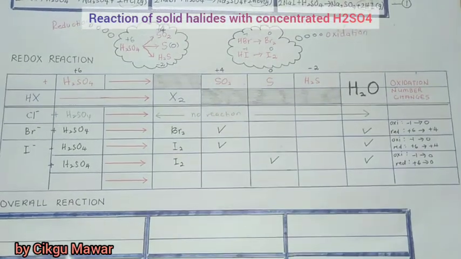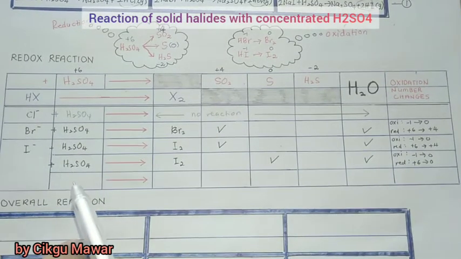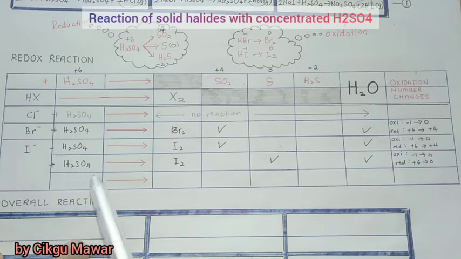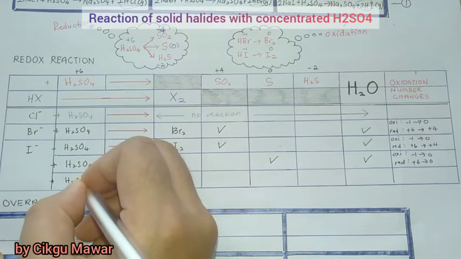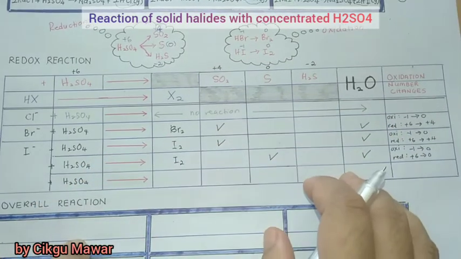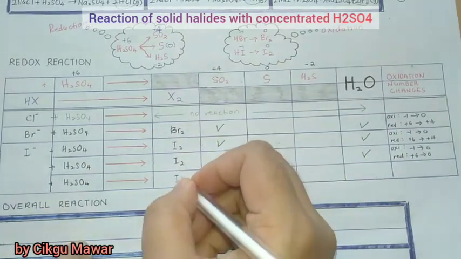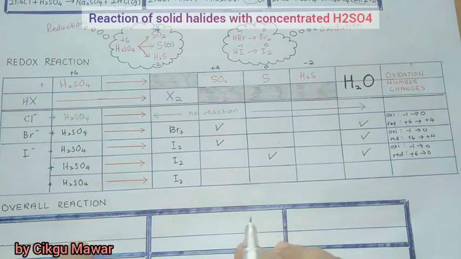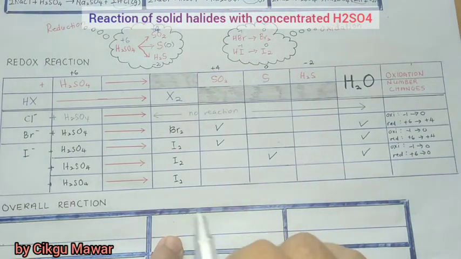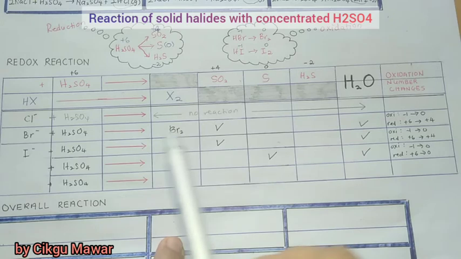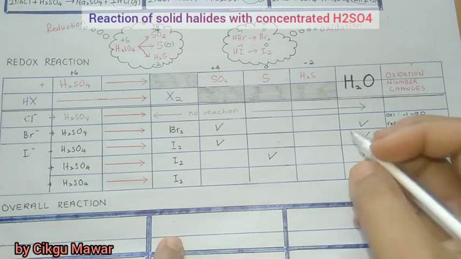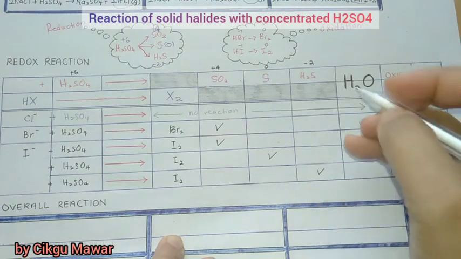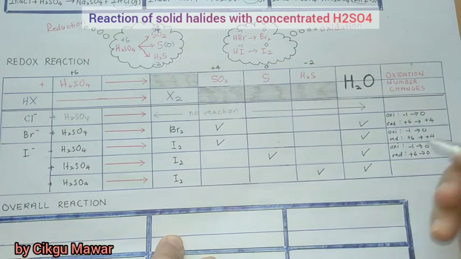The third reaction between iodide and sulfuric acid. The third possibility is, first, for sure it will release iodine vapor, and then the third reduction that will occur is sulfuric acid reducing to hydrogen sulfide, and water for sure.